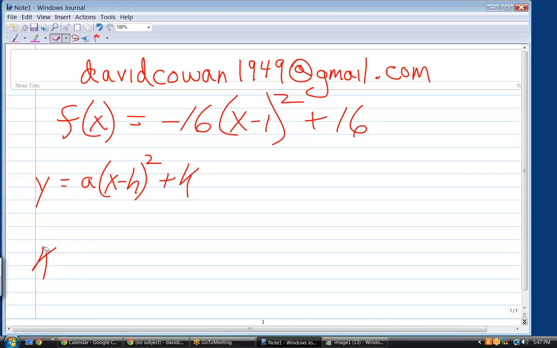This is the general format of any quadratic parabola, whatever you want to call it, where h is the x-coordinate of the vertex and k is the y-coordinate of the vertex.